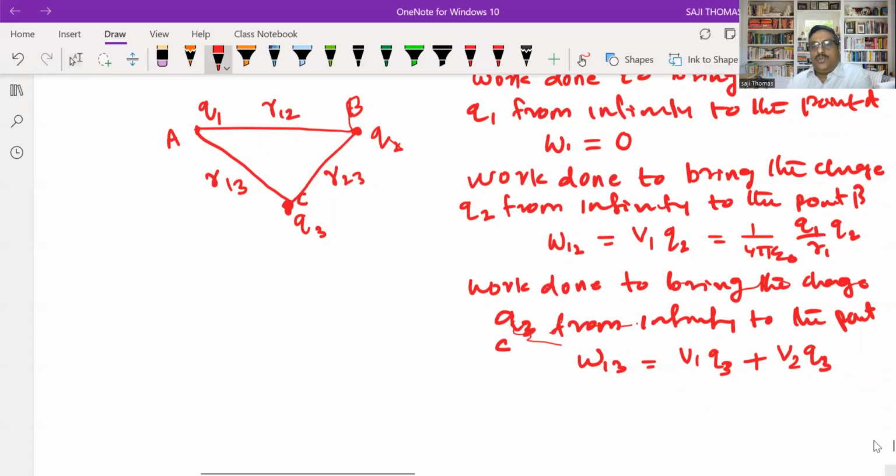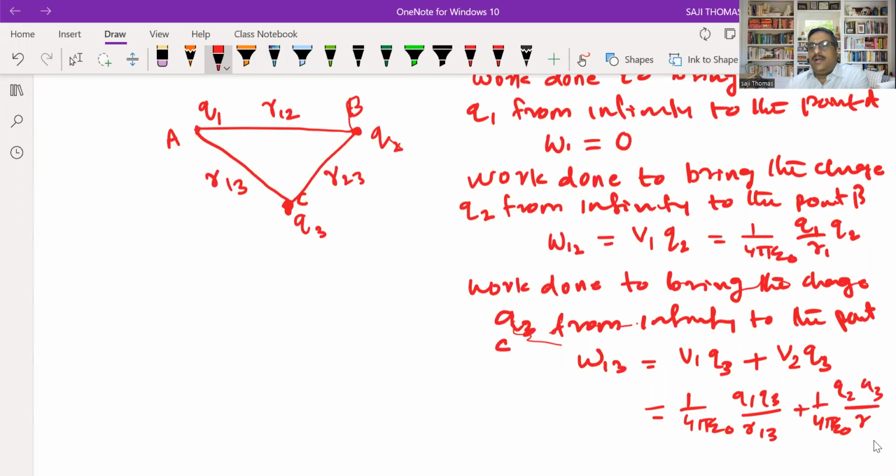Okay. So we can write this as 1 by 4 pi epsilon 0 Q1 Q3 by R13 plus 1 by 4 pi epsilon 0 Q2 Q3 by R23. Now potential energy of the system is the sum of all these works.